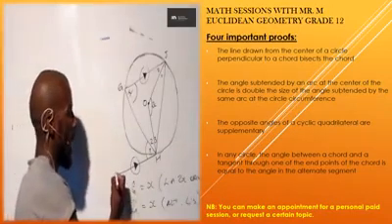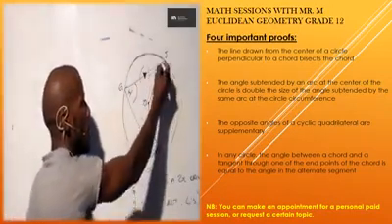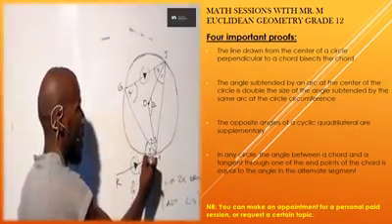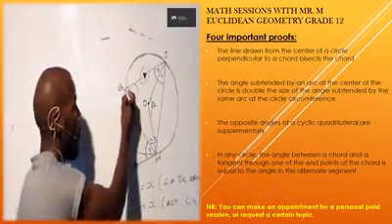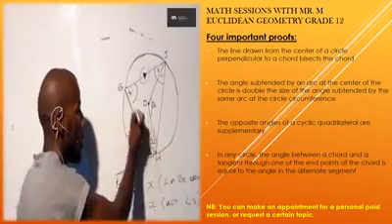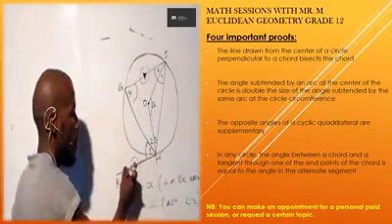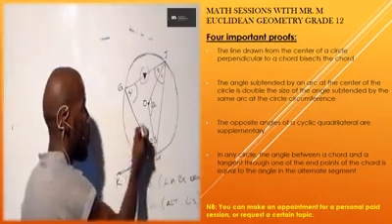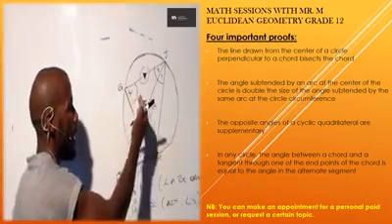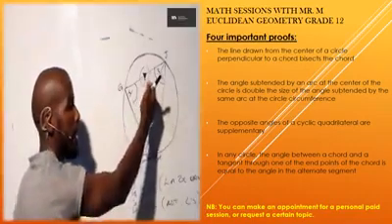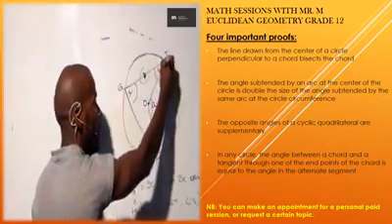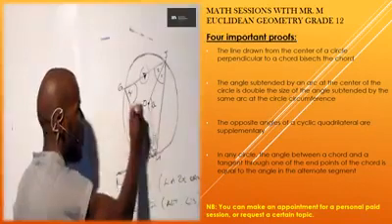Now, if you look at these lines, you are going to see that this angle right here is equal to this angle right here, according to the tan-chord theorem, which is stating that the angle between the tangent and the chord is equal to the angle in the alternate segment. So this angle right here is equal to the angle GJH.